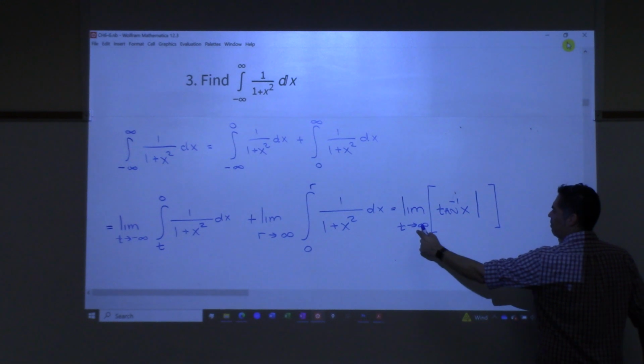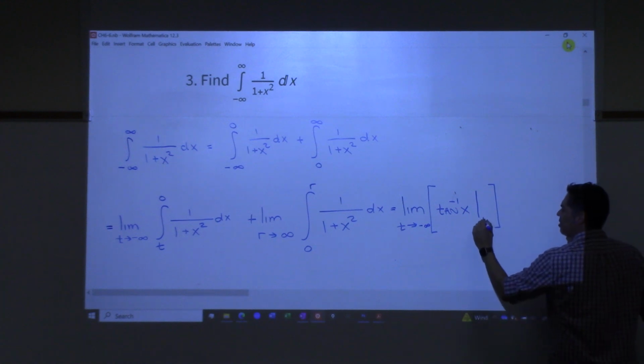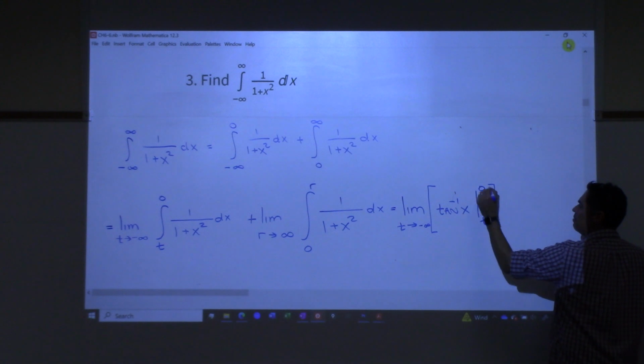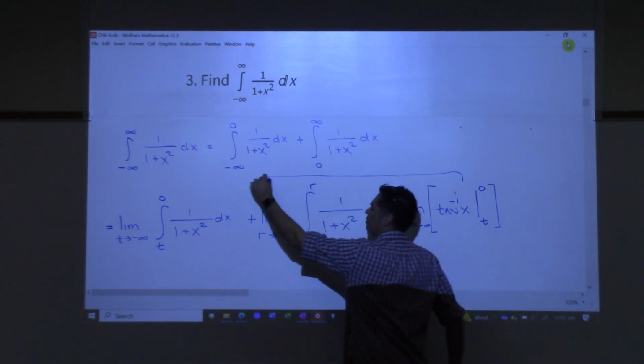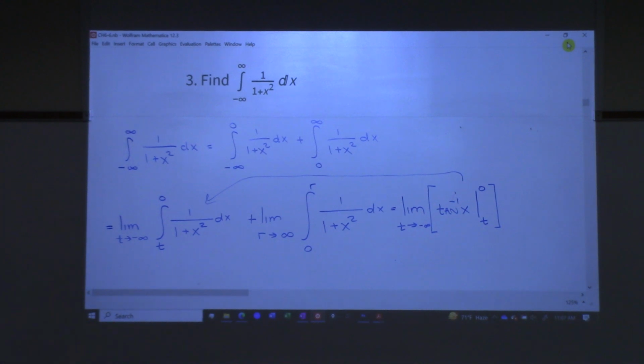Not yet. Oh, I didn't put negative, sorry. I didn't put negative infinity here. So this is t, right, is our lower limit of integration. Our upper limit of integration was 0, right? That's this first one. Questions there?